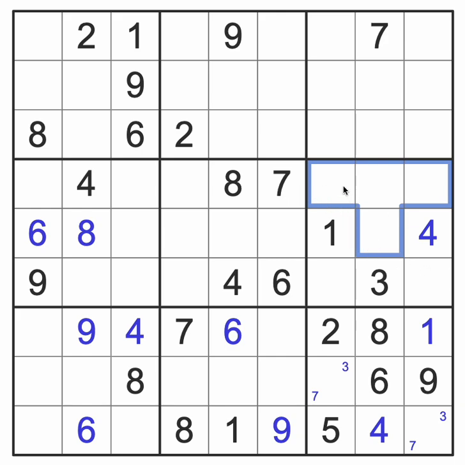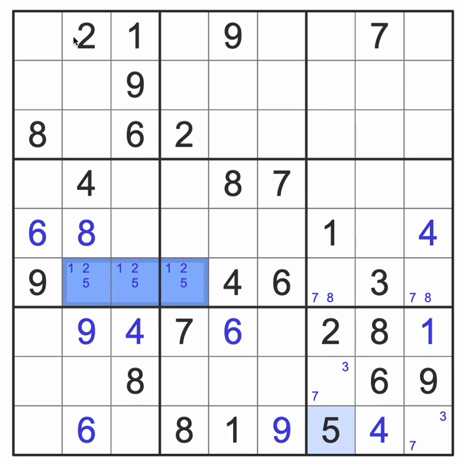So these 4 cells cannot use 7 or 8, and there are only 2 empty cells left in box 6 where I can place 7 or 8. So this becomes a 7, 8 double. And that means these 3 cells will be a 1, 2, 5 triple, and this 2 blocks this cell, and this 2 blocks this cell, so 2 has to come here.